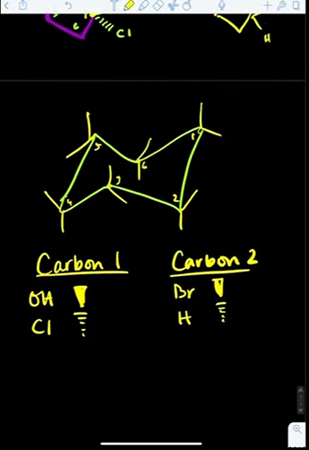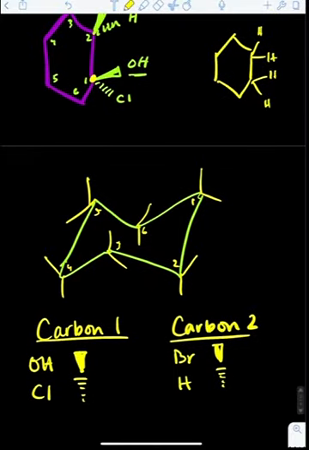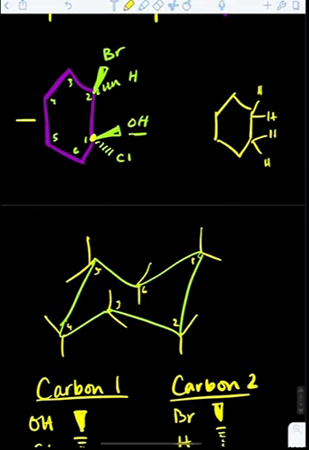So like I said before, a wedge means that it's coming towards you from the plane, so it's not level with the plane, and the dash means that it's going away from you, so it's also not level with the plane. Now, if you don't have a wedge or a dash, you'll just have a straight line like this. This means that these bonds are in the plane.